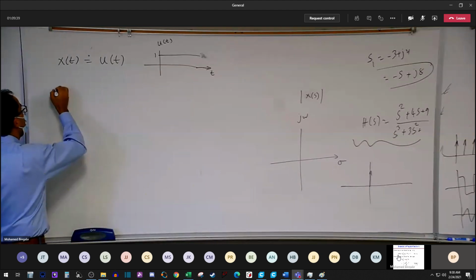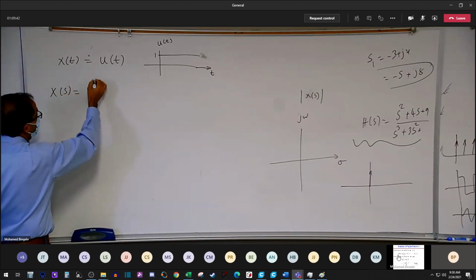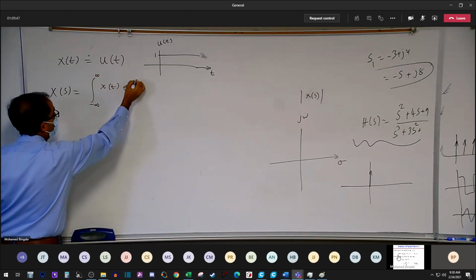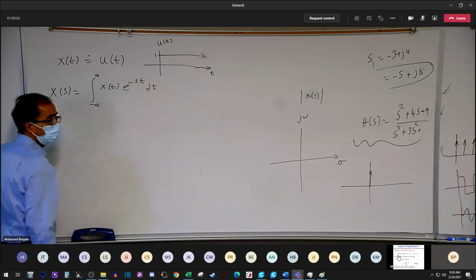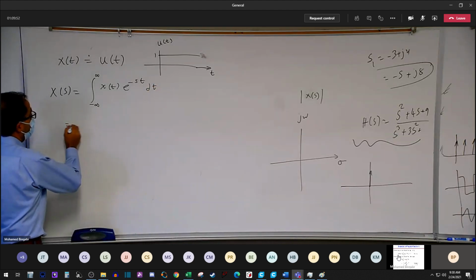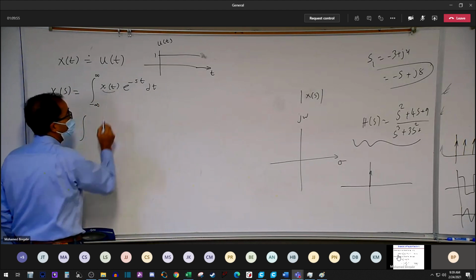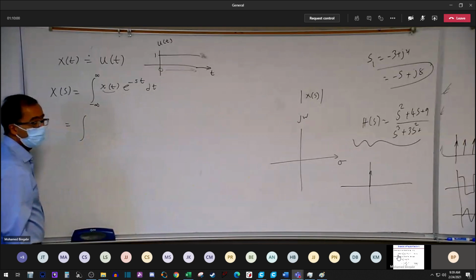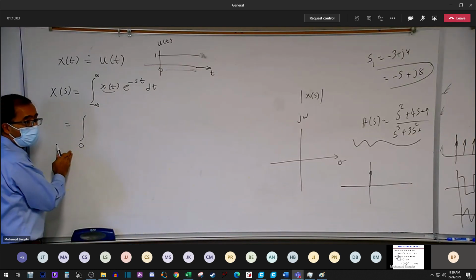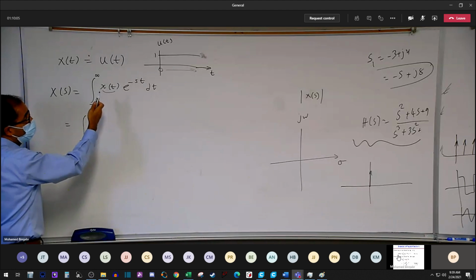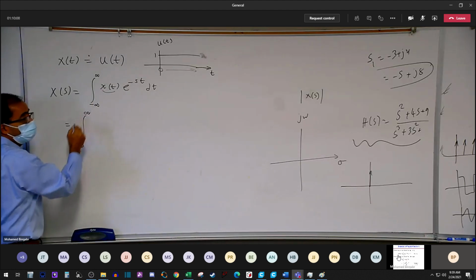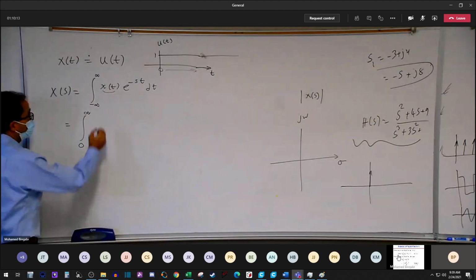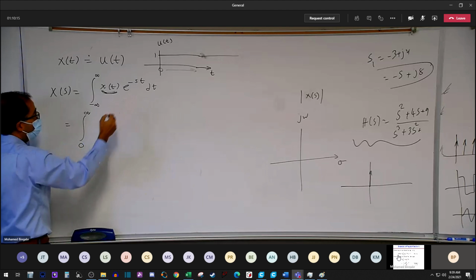Well, we're going to use this definition: X of s equals the integral from minus infinity to infinity of x of t, e to the minus s t dt. The signal x of t exists only from 0 to infinity. So the limit will be from 0, the lower time where it exists, all the way to infinity, because u of t keeps going to infinity. And what is it equal to in this range of time? Just 1.